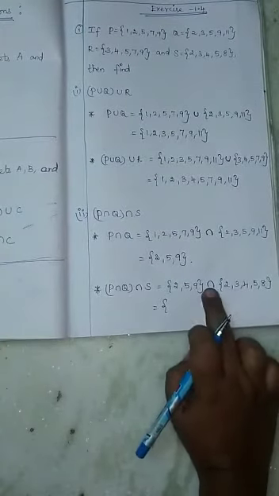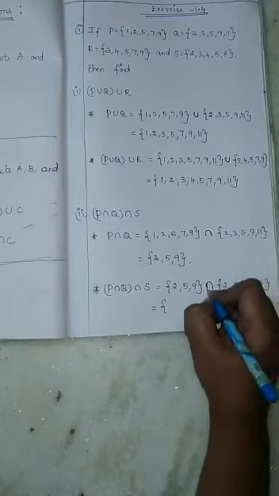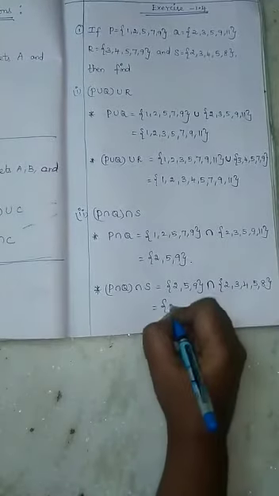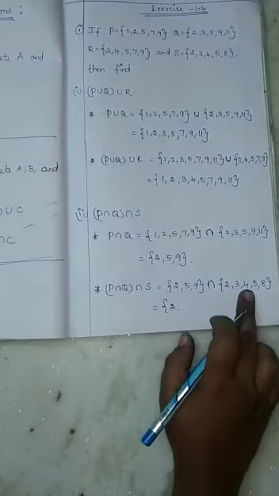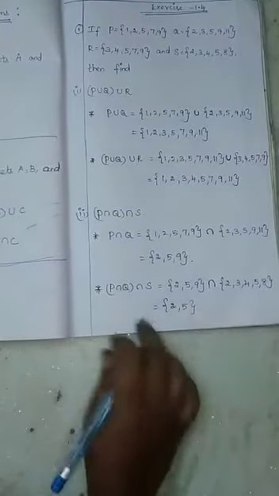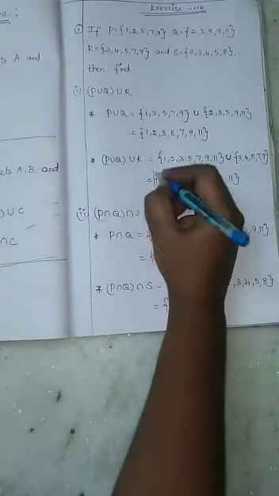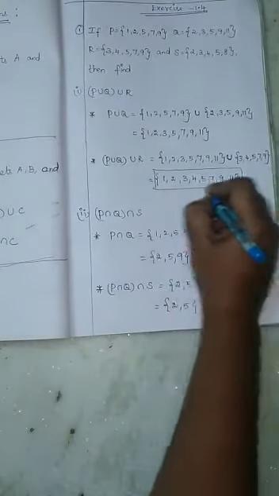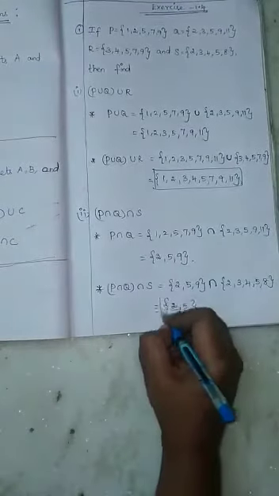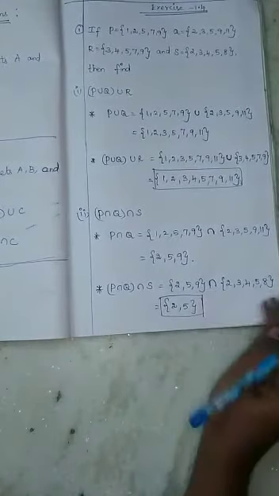Common, because the symbol used here is intersection, and intersection means common. What are the common elements? 2 is common, and then 5 is common. 2 and 5 is common. That is the answer. Clear, children? This is the second subdivision answer: 2, 5.